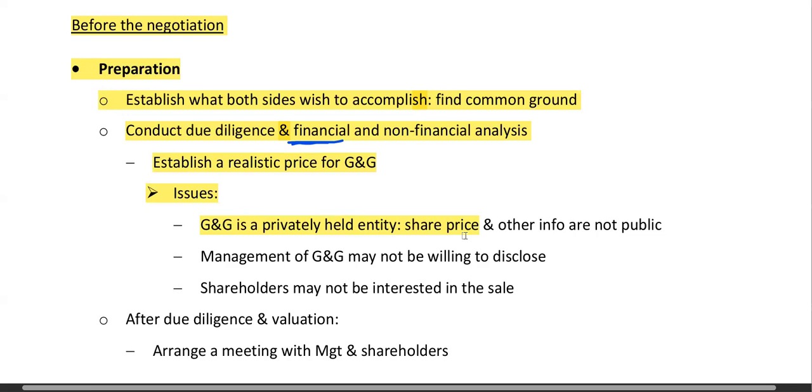So not only the share price, but we won't also have details pertaining to their profitability or any financial metric as such. So that complicates further because we can't arrive at a price without knowing their financial performance, right? And the price could be higher or lower in that case.